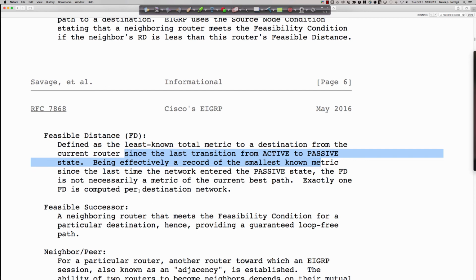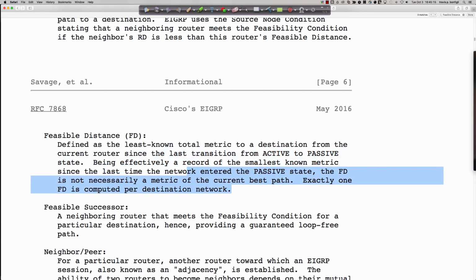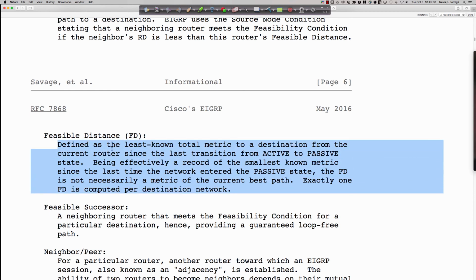The feasible distance, and I'm sorry, my highlighting here is way off. The feasible distance is not necessarily a metric of the current best path. We just saw that. Exactly 1 feasible distance is computed per destination network. Nowhere in here does it say that the feasible distance is then communicated to other EIGRP speaking neighbors, because it is not.